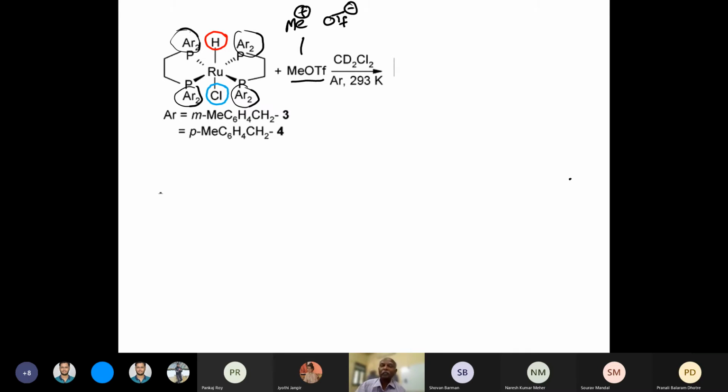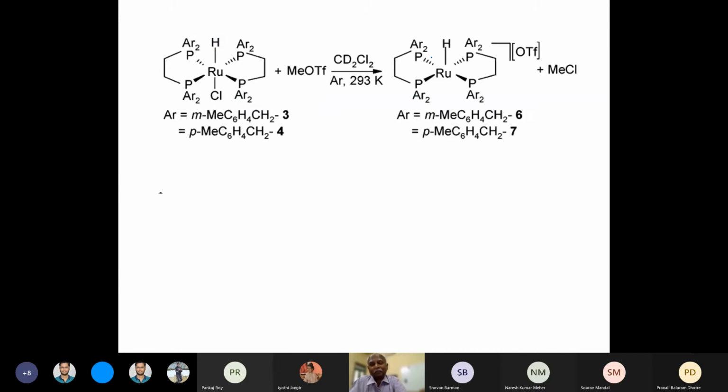Now it is reacting with Me plus OTf. What will this Me plus OTf do? This is a triflate ligand, right? Methyl cation with the triflate. So what it does is, if the Cl is Cl minus, then it goes off as MeCl, and it forms a cationic complex with OTf as a counterion.